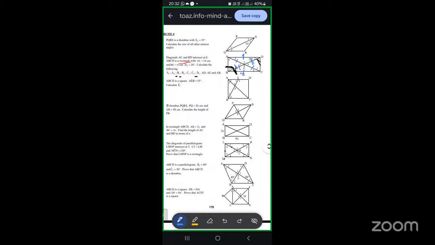Since you agreed, maybe I can remove this. You agreed that these triangles are congruent. And in these triangles, we have this angle. These are the triangles of the focus.